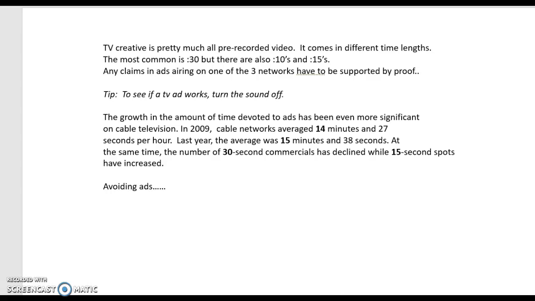Now, here is a hugely important piece of advice about any TV creative you ever do. Once you've made it, or once you see a rough version of it before you've produced it and spent a lot of money, if you have sort of an animated version of it, turn the sound off.